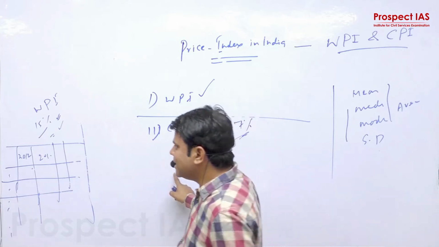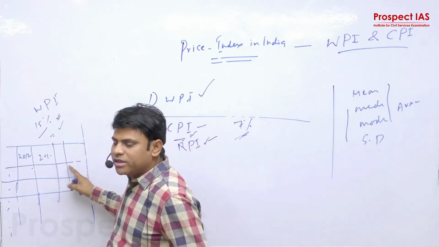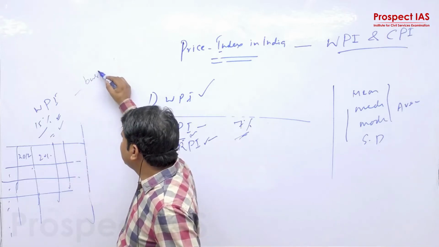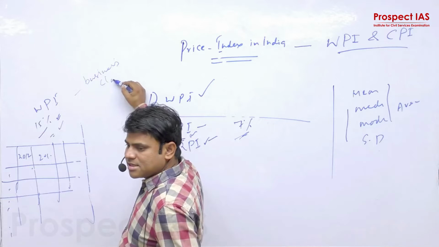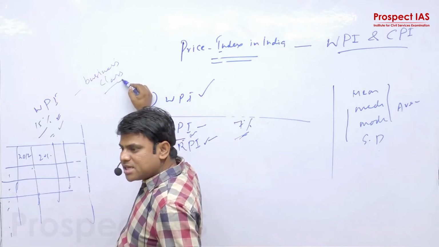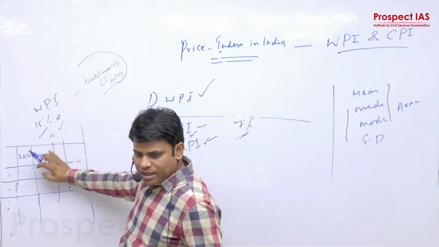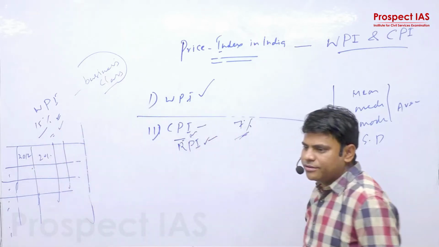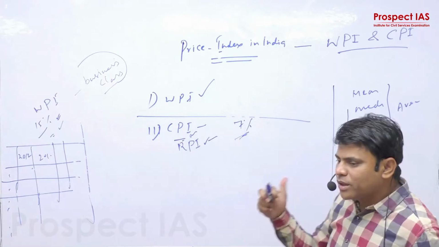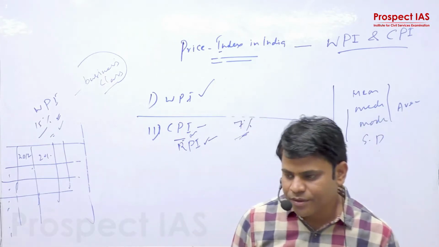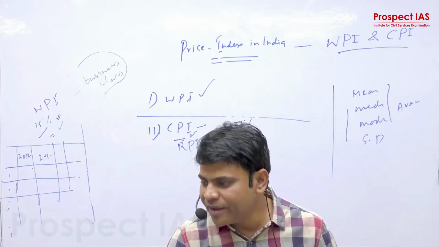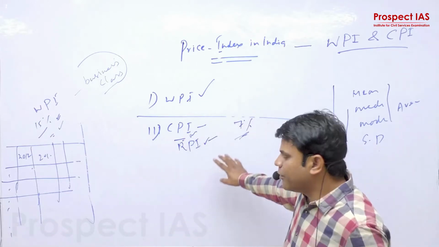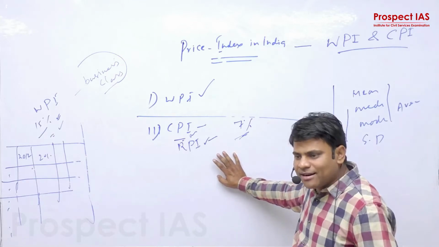You will find that WPI based inflation impacts our business classes, because business classes make purchase of things from the wholesale market and then later on they sell them in the retail market, right? So business class will be impacted directly from the WPI based inflation, and we consumers will get impacted directly from the CPI based inflation. Is that clear?